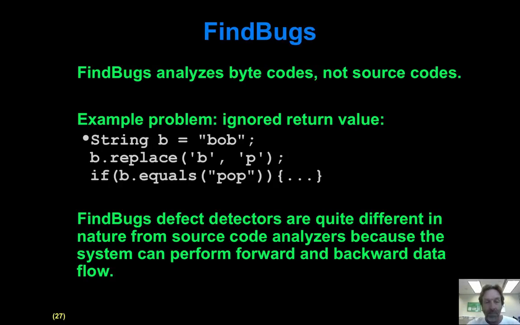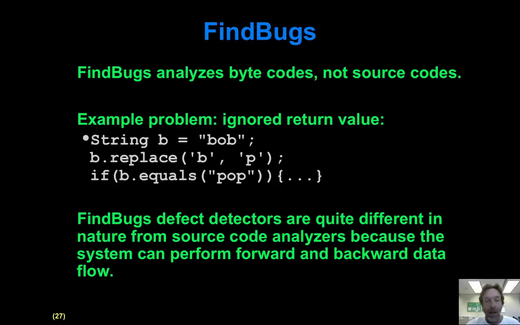Now the problem here is that when we call this b.replace method, we're not actually destructively modifying the variable b. We're returning a new string. So that middle line of code, b.replace, creates a new string, and then that new string is immediately thrown away. It's not assigned to anything.